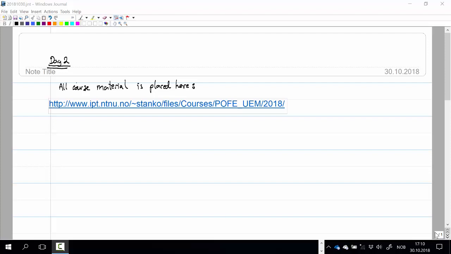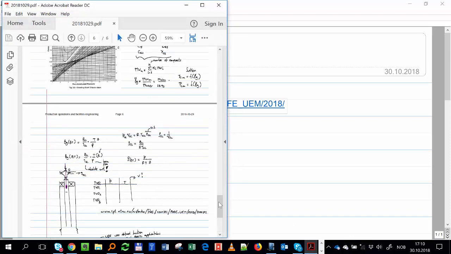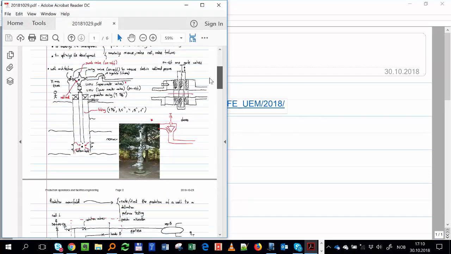So I just want to say all the course material, that means all exercise files you're going to be using, all the notes I'm making now in class, and an example is, it was converted to a PDF file that looks like that.